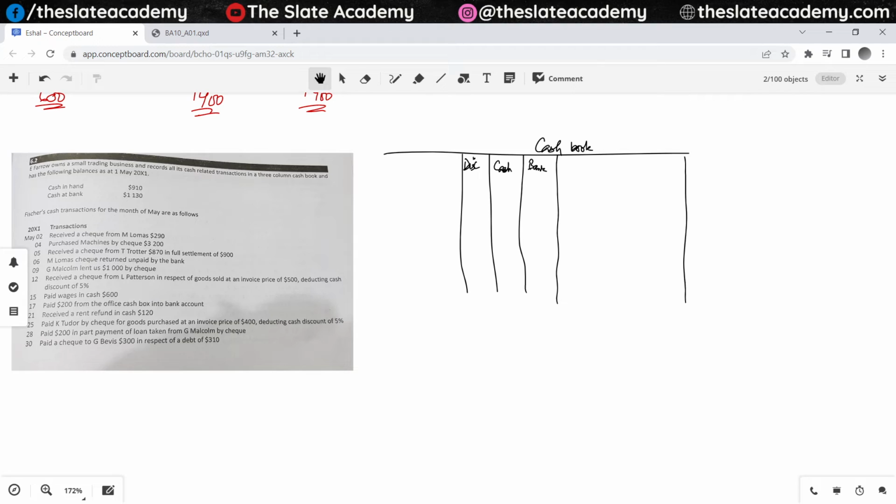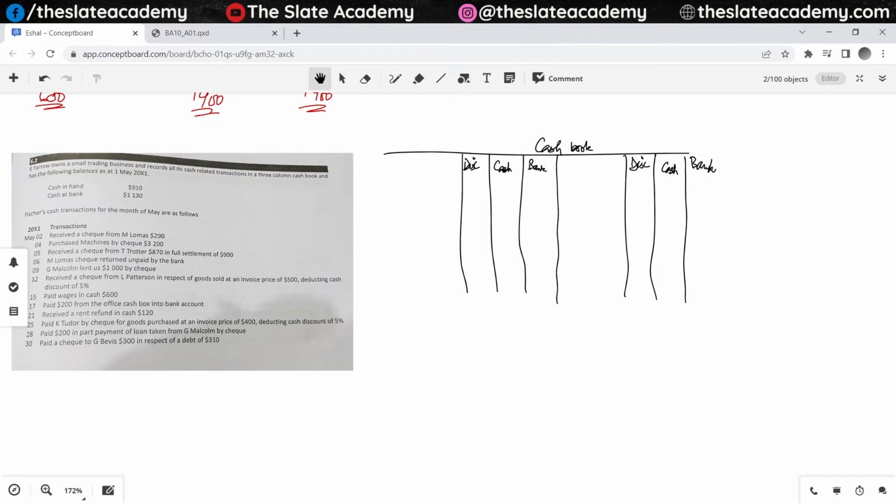So here we have bank, here we have cash, here we have discount, and then received.